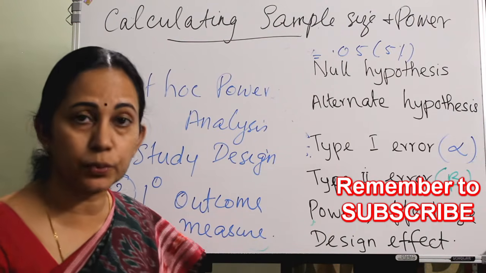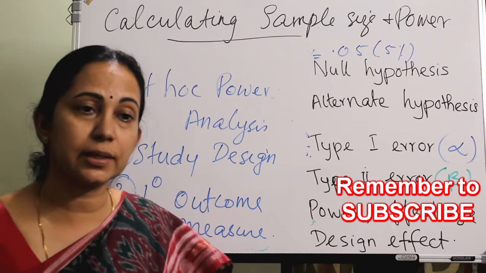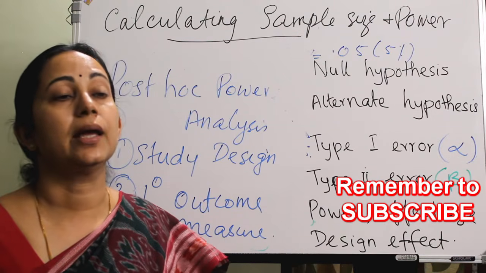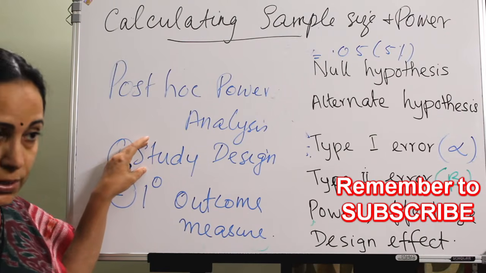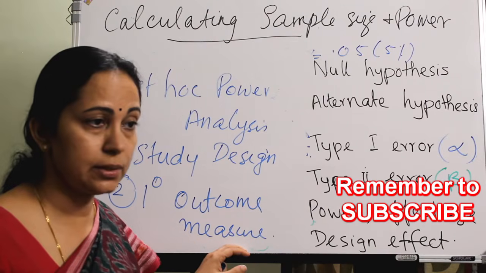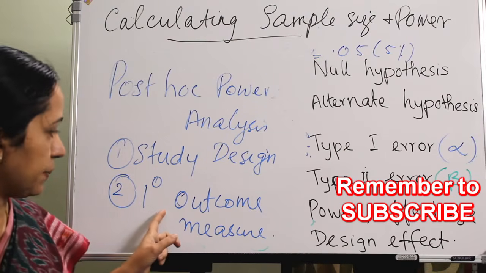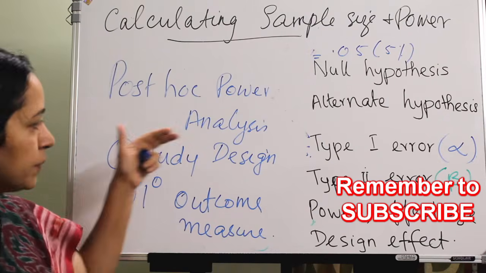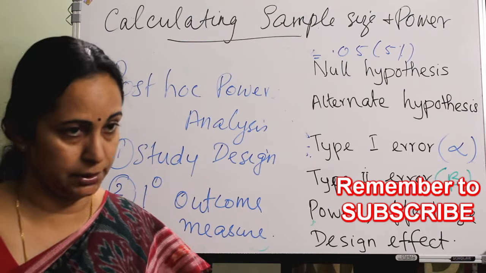If you are looking for a proportion, again the formula for sample size is different. And for analytical studies, if you want to compare the effect of two variables, again the formula for sample size varies. That is, it varies with study design and also according to your research question and what you are intending to measure as a primary outcome measure. Then also the sample size varies. That means your sample size depends upon the study design and your primary outcome measure.